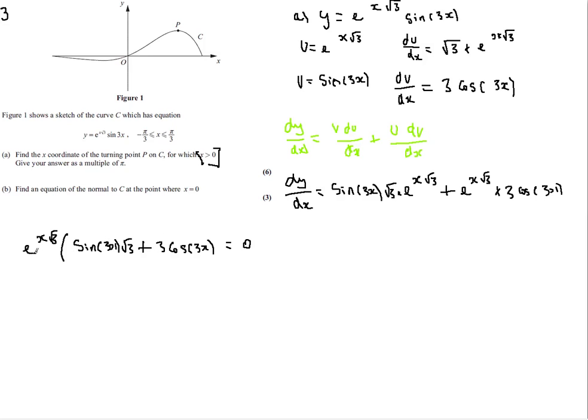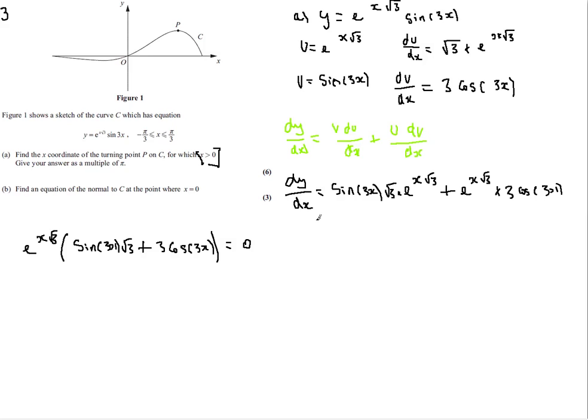And we know that e to the x root 3 cannot equal 0, because even if you put x equal to 0, you would get 1. Also, we have to give our answer in multiples of pi, and what is the chance that x is going to be in terms of pi?